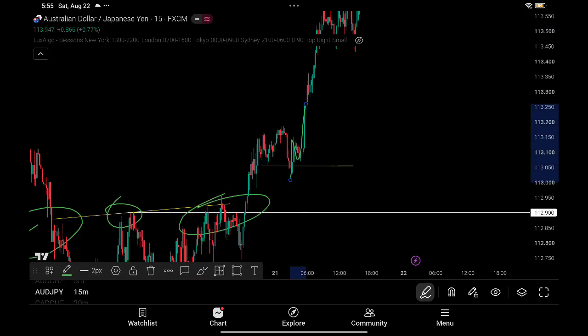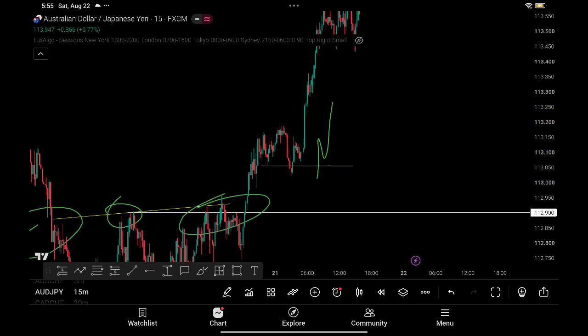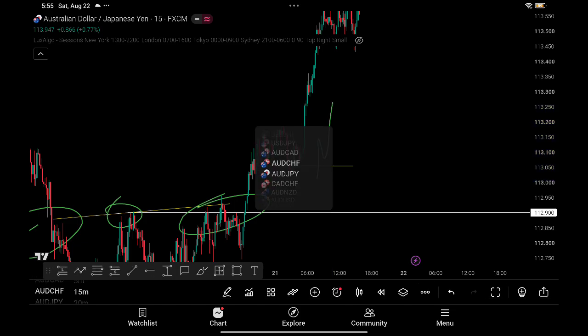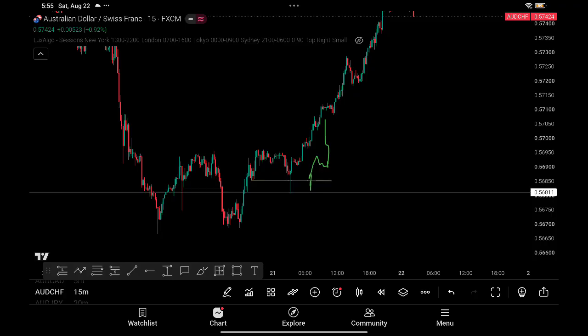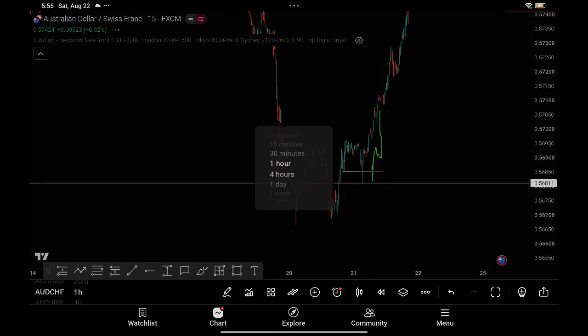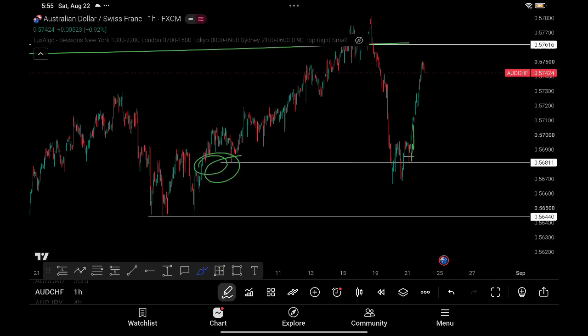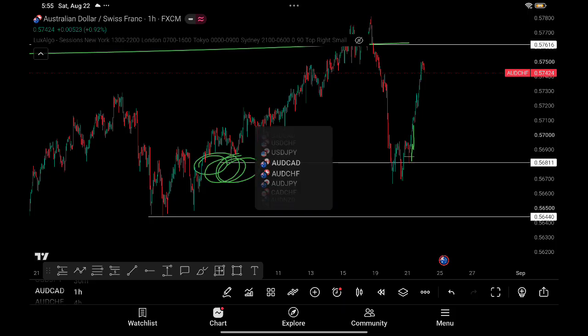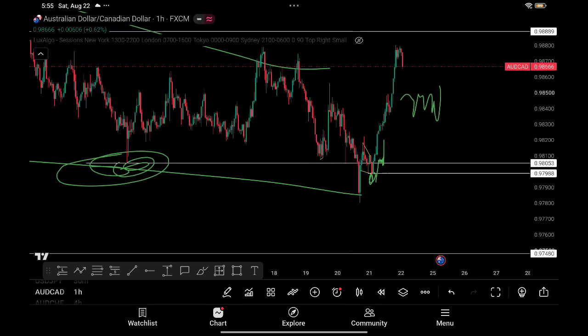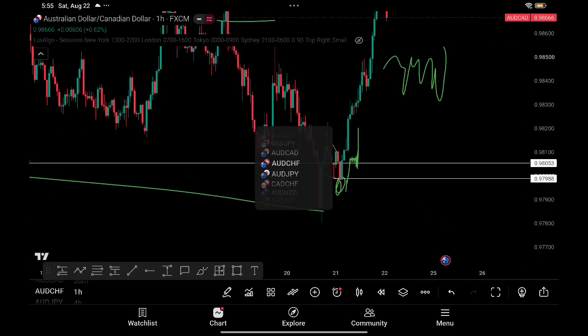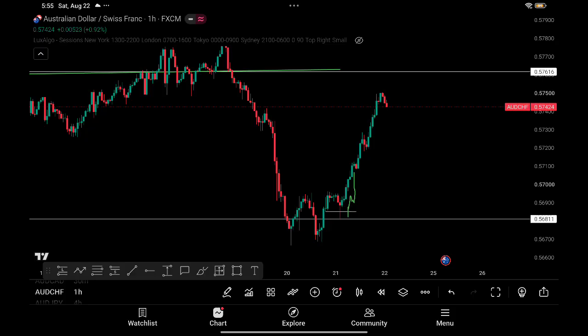So you have to choose the better pair. And in my case, I chose the AUDCHF because this looks better, which is corrected from there, but AUDCAD looks absolutely stunning. So yeah, the choice is yours, bro.